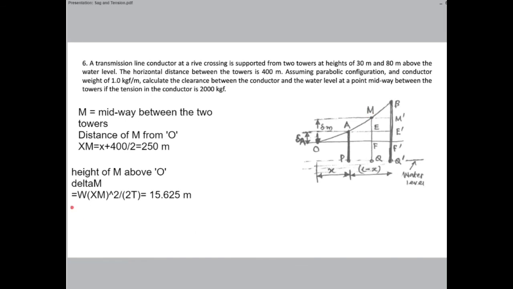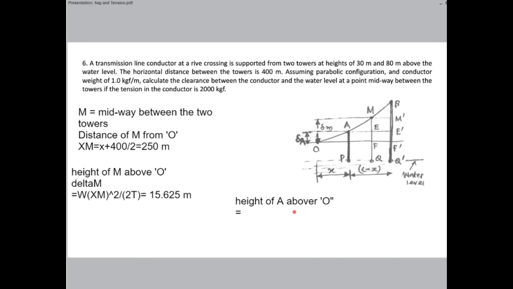Okay, similarly, we can find out the height of A, meaning the lower tower above the lowest point of the conductor again. And if we put those values, A is at a distance of 50, so the final value should be 0.625 meter. Let me write it for you.